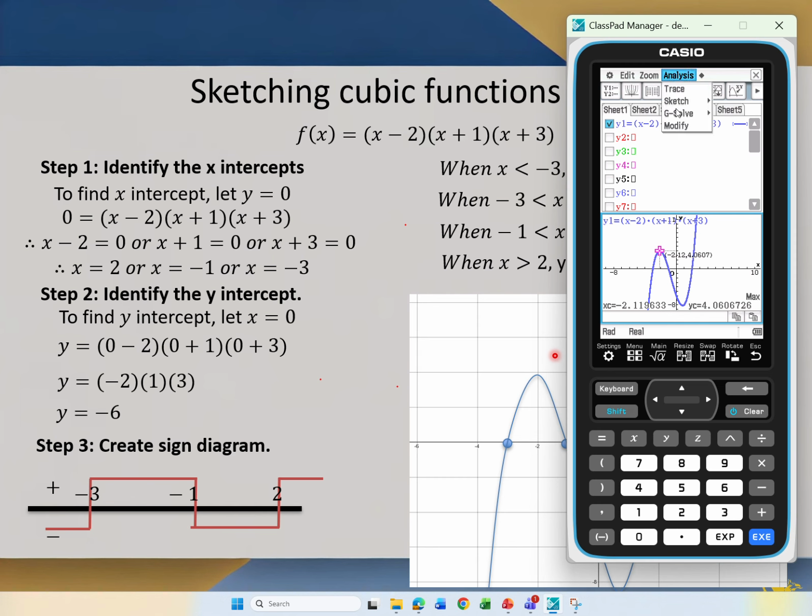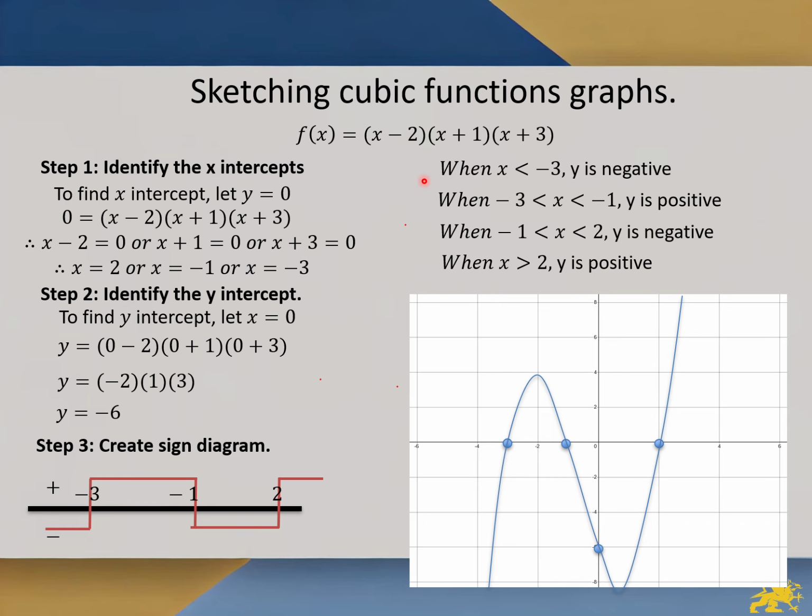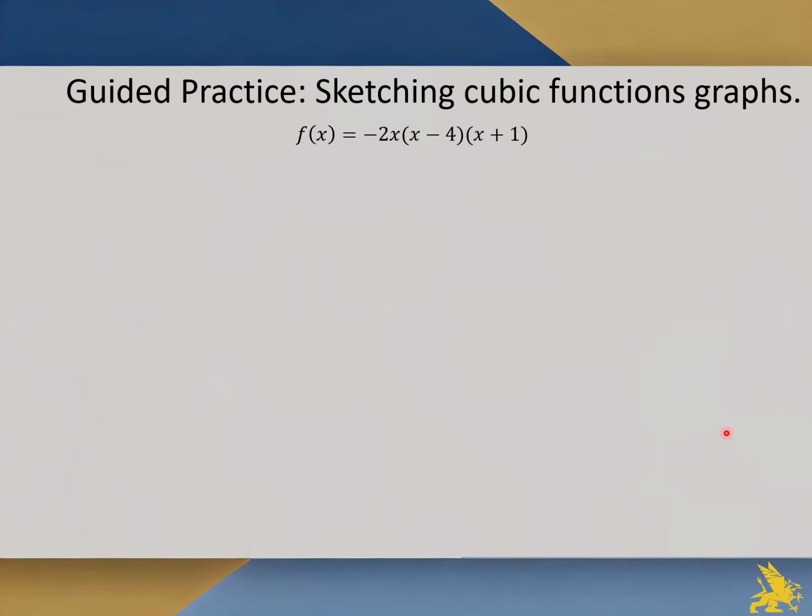Likewise, if I go Analysis, G-Solve, and Min, it's telling me that local min is 0.78 and my y is -8.2088. The only thing I haven't done is just make sure you label each of these 4 points plus the local min and max as a coordinate.